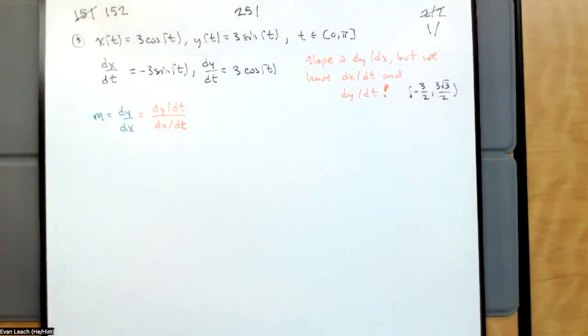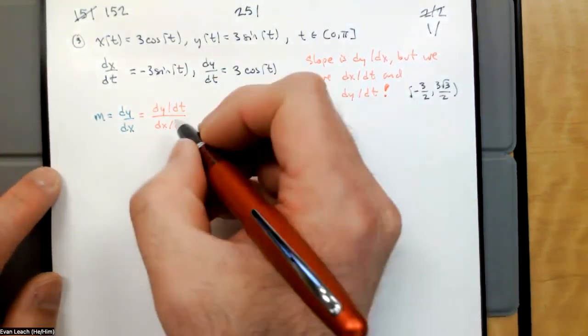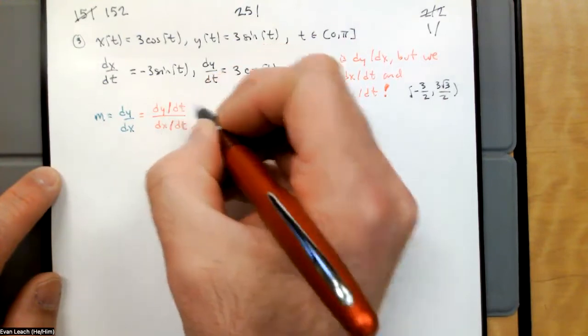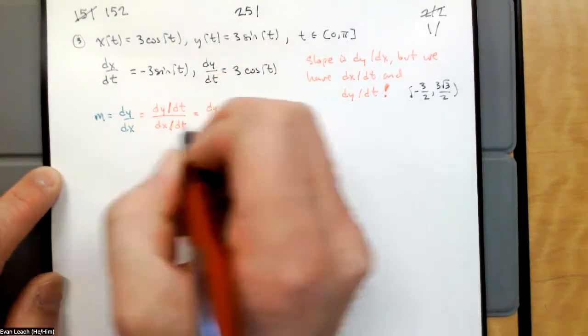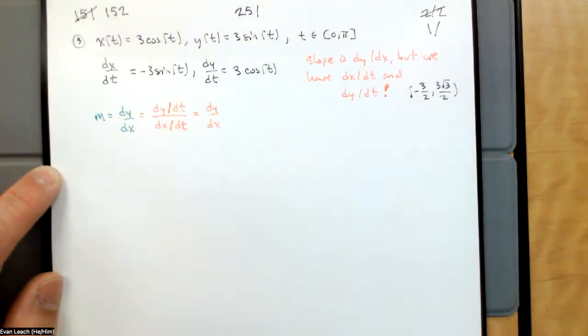I'll take the dy dt and divide by dx dt, and then the dt parts will cancel out. We'll treat them like differentials and cancel out the over dt part. Oh, I wrote this the other way.